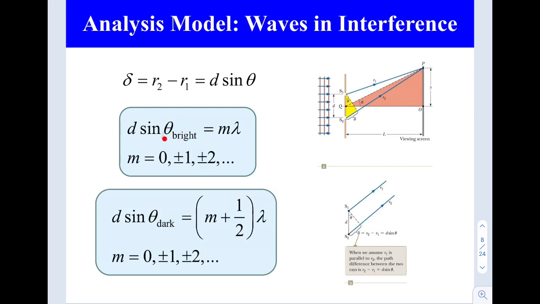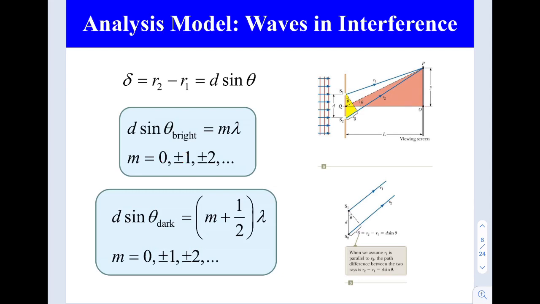or constructive interference, d sin theta bright is equivalent to the order of one wavelength, so lambda m, where m is the order, and m is an integer. It could be 0, positive or negative 1, 2, and 3, and so on. When m is 0, it means the center of the viewing screen.